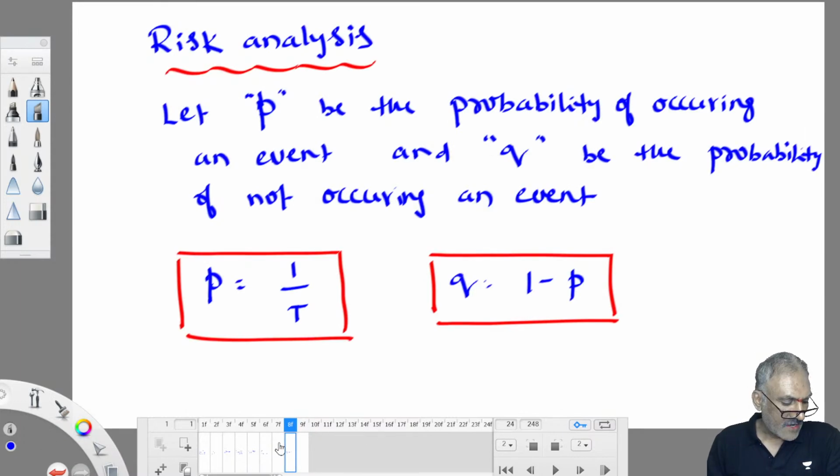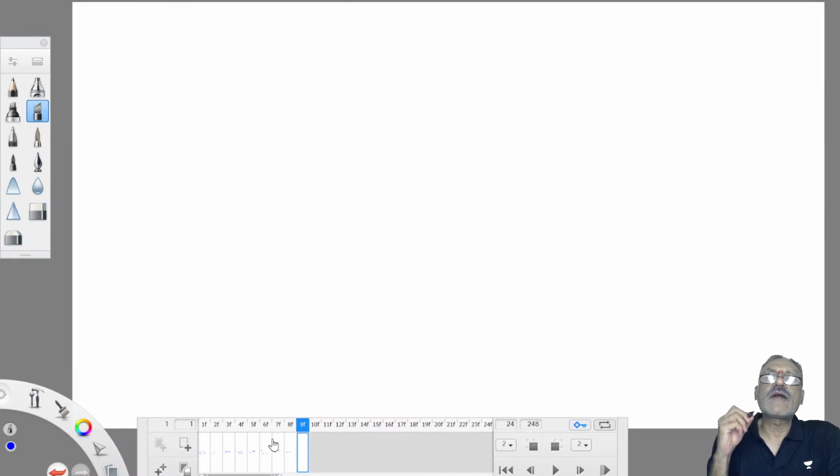Let p be the probability of occurrence of an event and q be the probability of not occurrence. Probability of occurring an event r times in n successive years, understood? Like the probability of eating dosa 2 times in a week: eating dosa 2 times, r is equal to 2; in how many days?